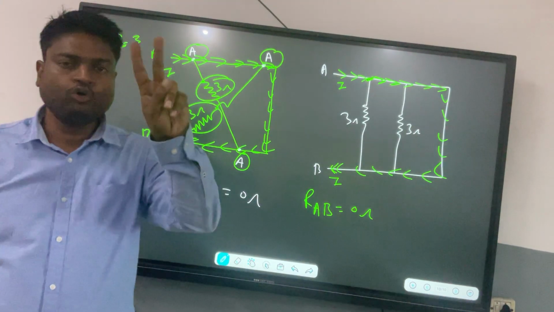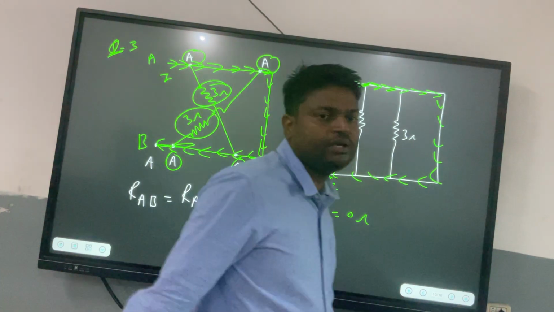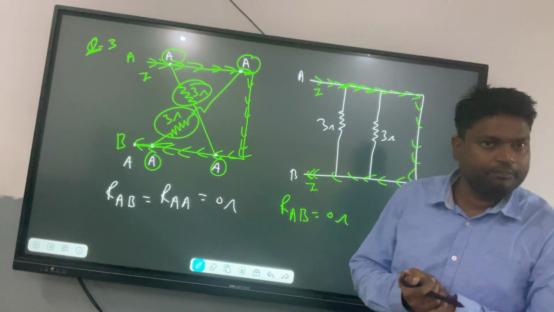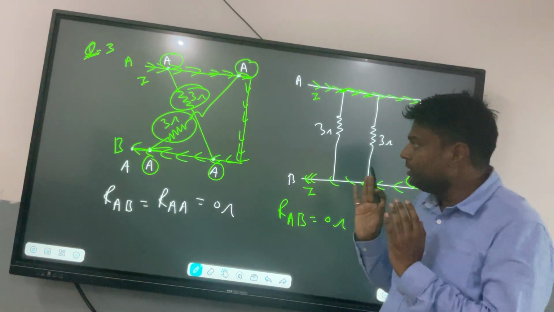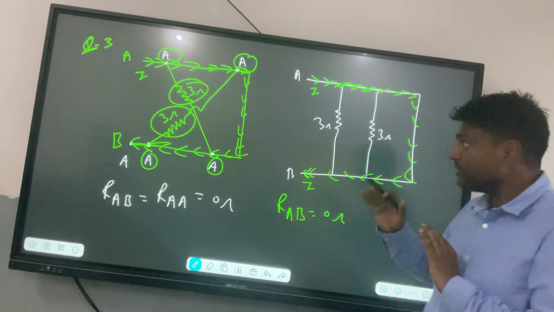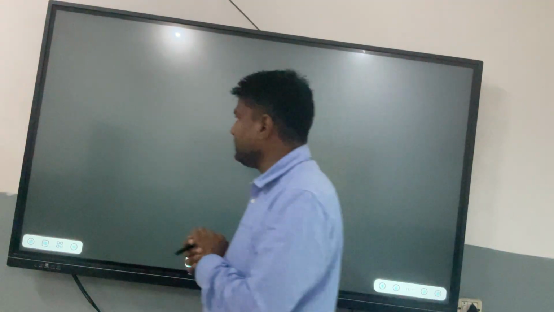So directly, if two potentials of the target terminals are the same, the answer is 0. Directly we can remove that branch from the circuit. I hope you all are getting my words properly.